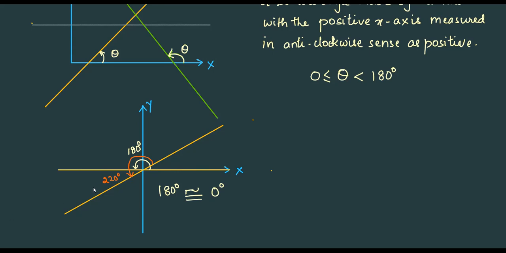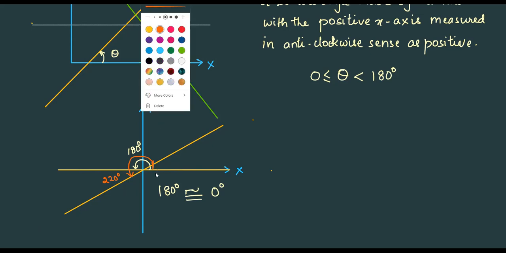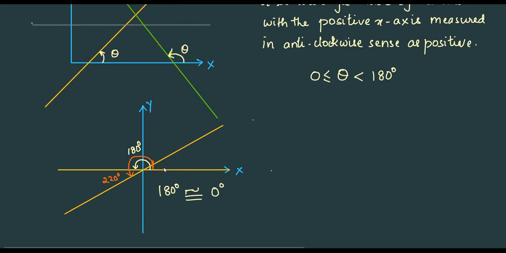Now this 220 with respect to the positive x-axis is the same as 220 minus 180, that is 40 degrees. So if the line crosses 180 degrees with respect to the x-axis, the other portion of the line will have an acute angle with the x-axis.